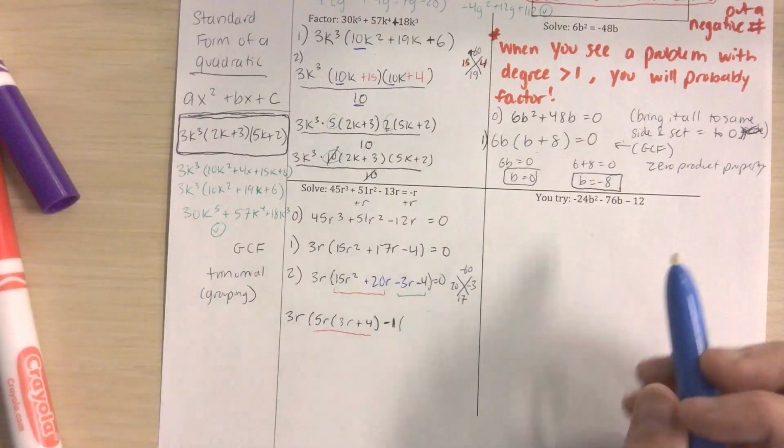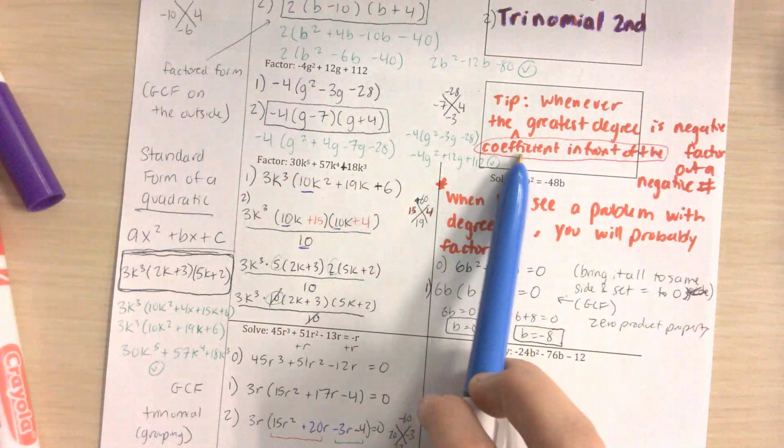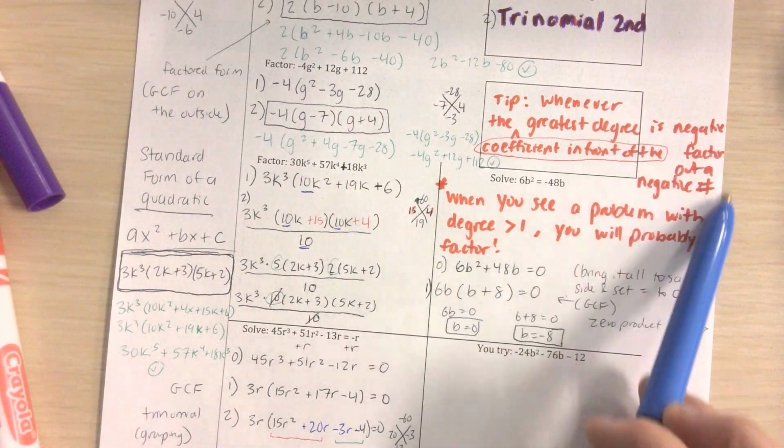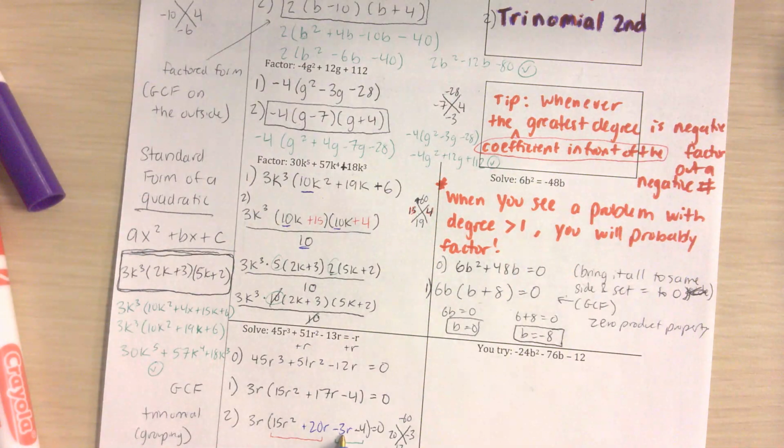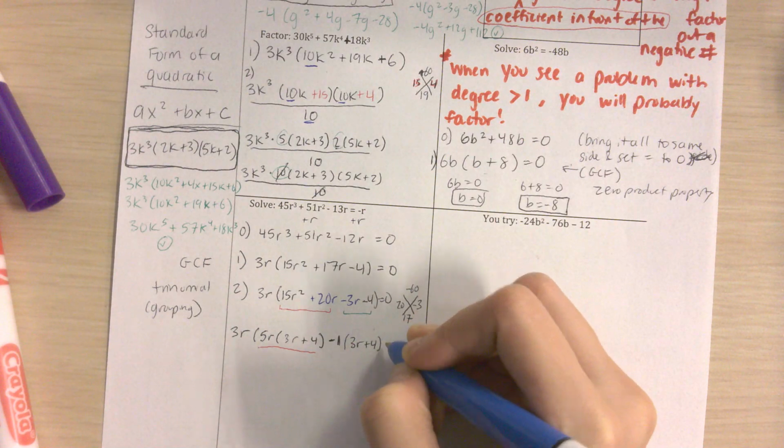Because remember the tip up here: whenever the coefficient in front of the greatest degree is negative, factor out a negative. So here we have a negative 3. We want to factor out the negative 1. We're left with 3r plus 4 equals 0.